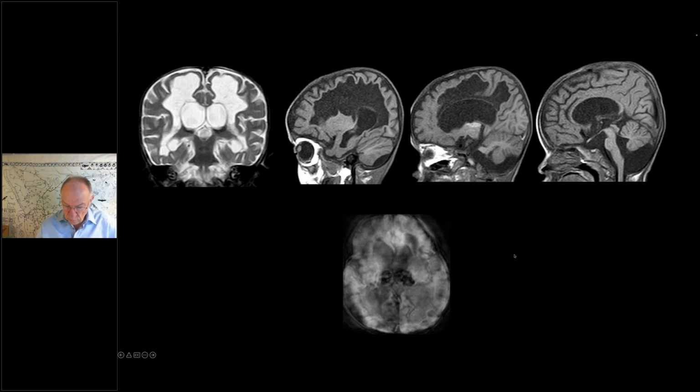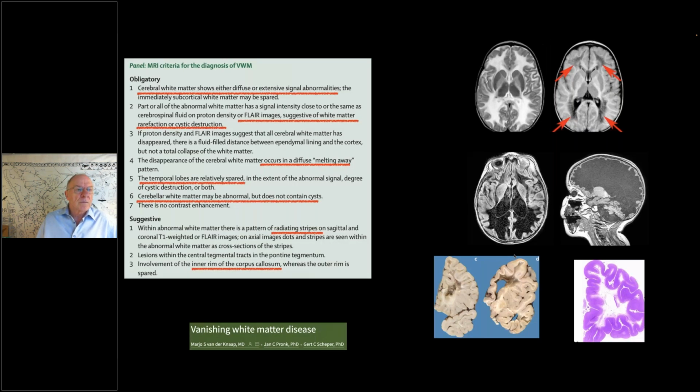So the question was, is this a sequela of infection or demyelination, or does one need to think of progressive disorders such as leukodystrophies? I think the common question was, is it a possibility of a vanishing white matter disorder? But in vanishing white matter, the thalami and the deep gray nuclei are relatively spared or not involved.